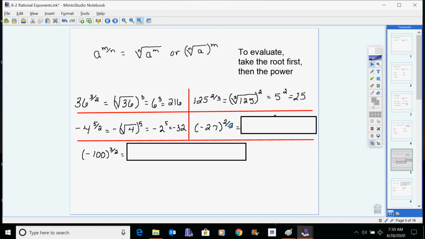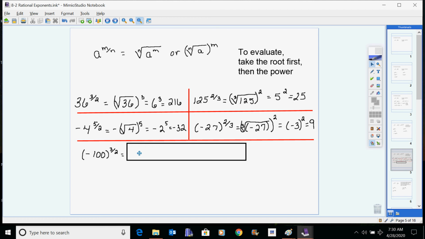This one, cube root of negative 27 squared. So the negative 27 gets a negative 3, and you square that and you get a positive 9. All right, now this one, you can kind of see, you could have squared it first and then taken the cube root, but that's just a lot more work and it's much simpler this way.